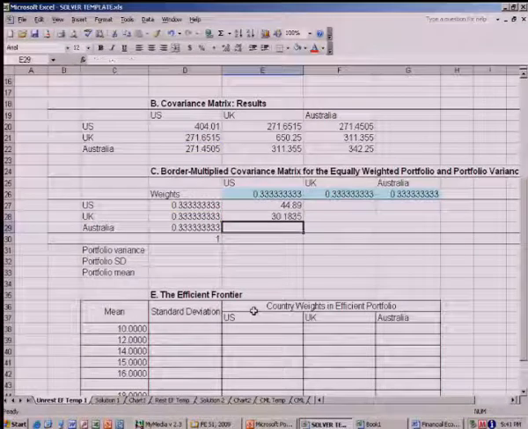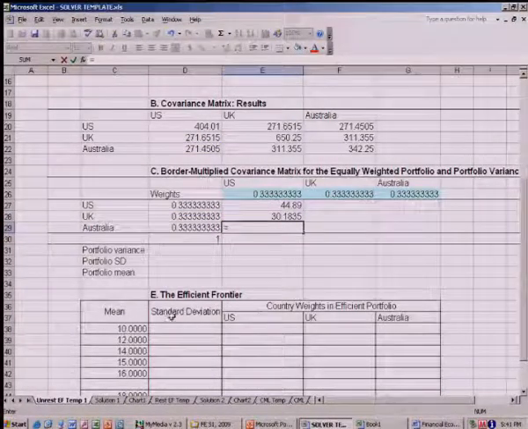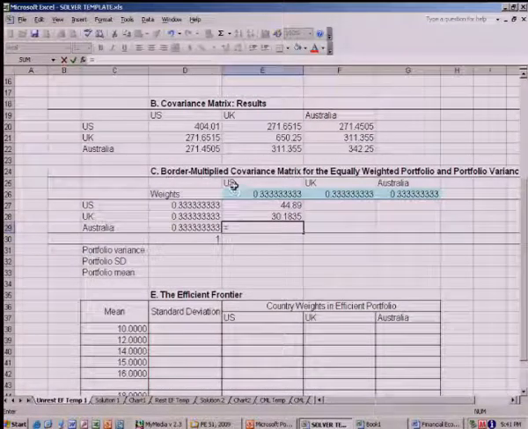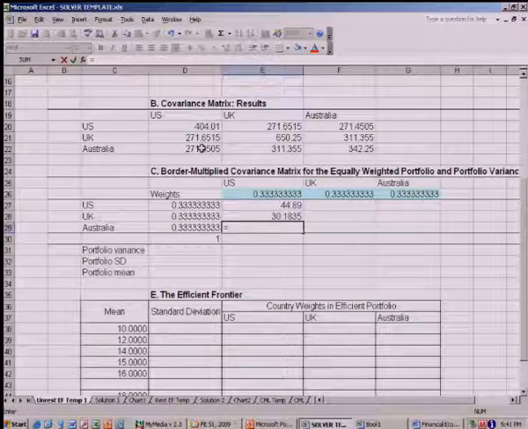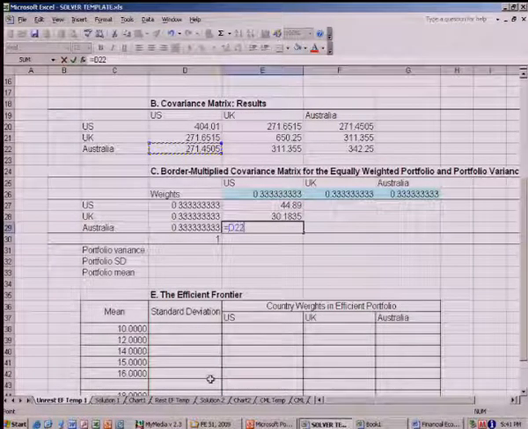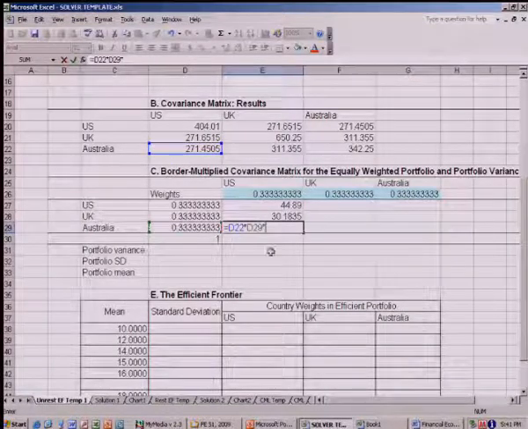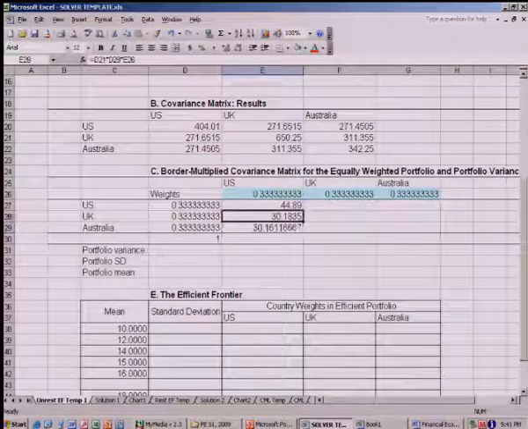And then enter. Do that for the next one. You need to find the covariance between US and Australian assets, which is in the first column, the final cell in the covariance matrix, times the weight on an Australian asset times the weight on a US asset, and press enter.